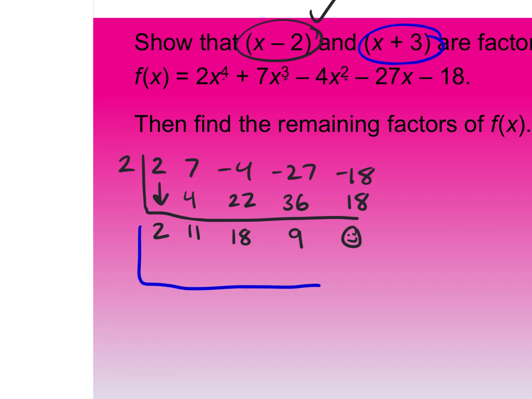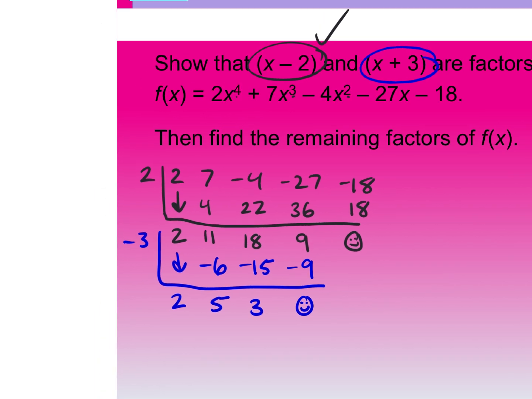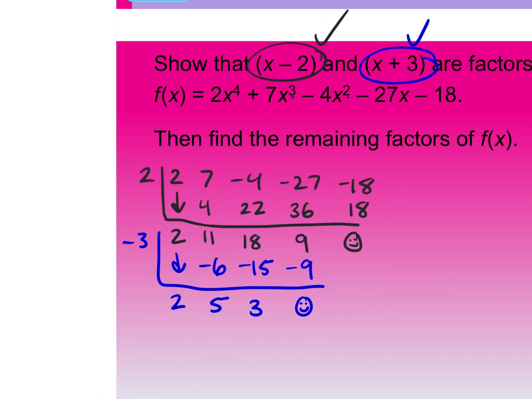What's going to go outside the box? -3. So I drop down the 2, multiply, we get -6, add 5, multiply, -15, add 3, multiply, -9, add 0. Does it work? Yep, so x plus 3 is a factor also.